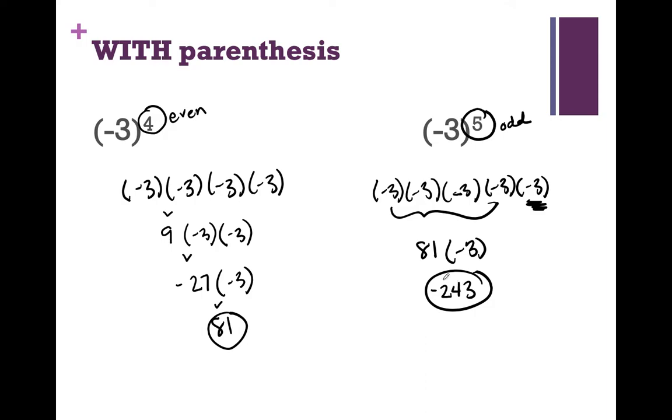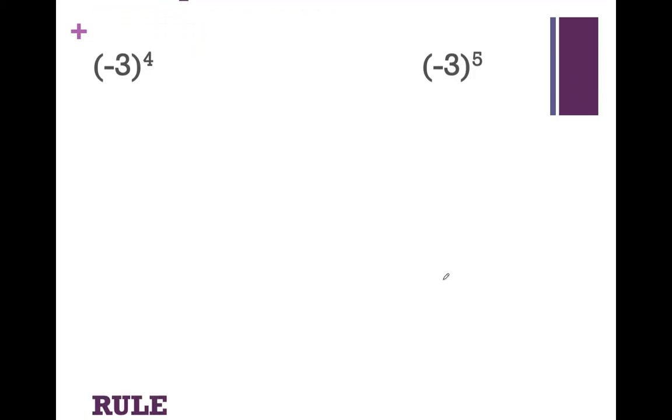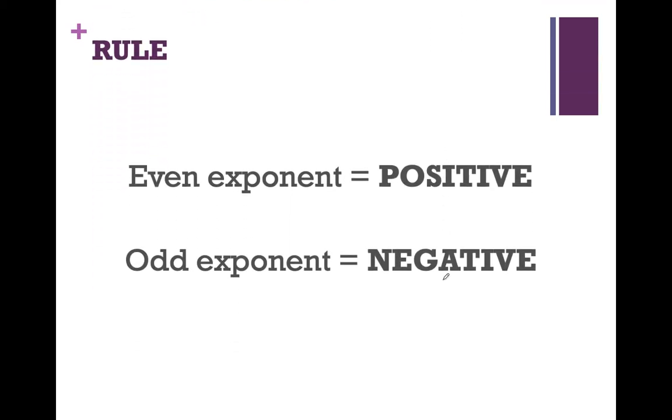That is always true for an even and odd exponent as long as there are parentheses around the base. So just to recap, this is with parentheses. When there is an even exponent, our answer will be positive, and when there is an odd exponent, our answer will be negative.